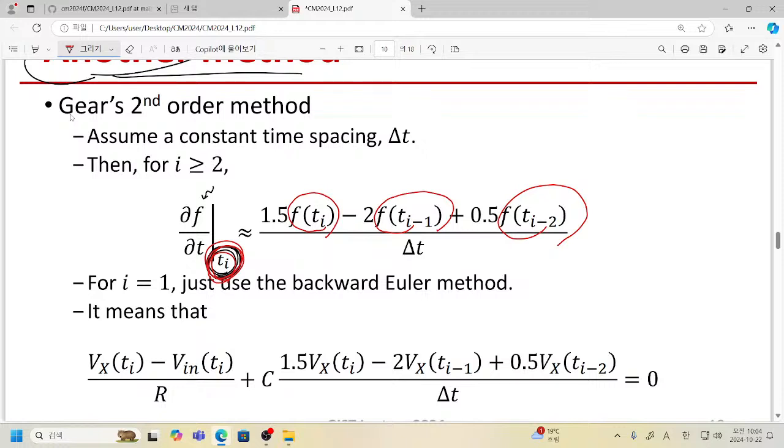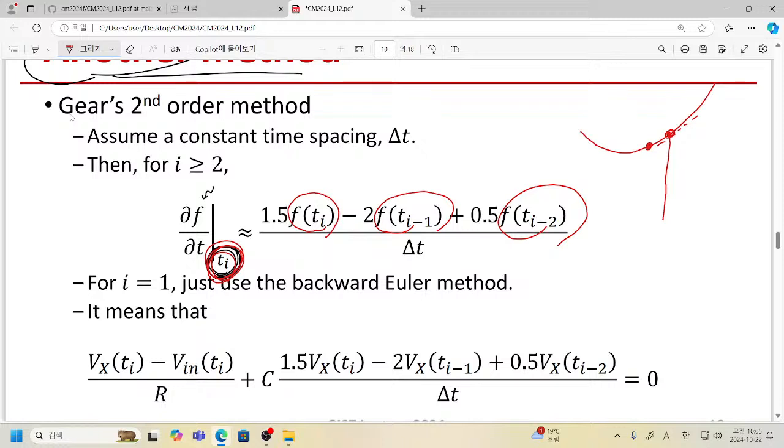So why is it so good? Think about a shape like this and you wanted to evaluate the time derivative. If you consider just one time point, you just take this one.